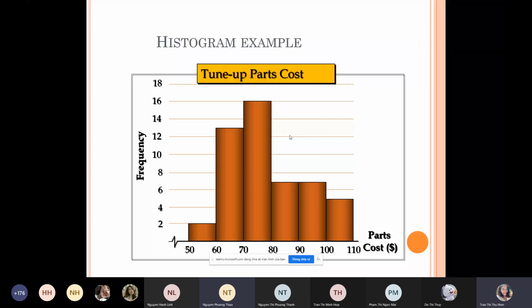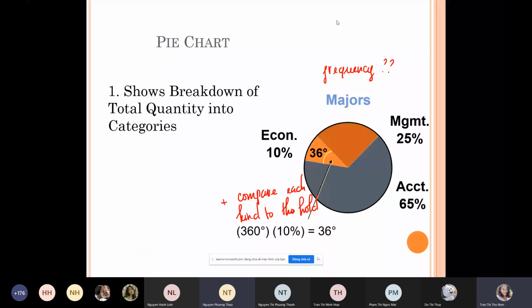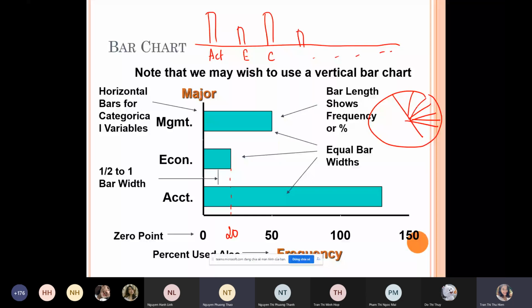And remember that the histogram is used for quantitative data. The difference between a histogram and a bar chart is this: when you look at the bar chart here, sometimes it is described for qualitative data, but actually you can use bar charts for quantitative data too.